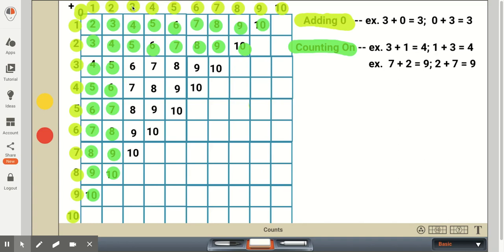So if they're starting with 3 and they're adding 2, they're counting on 2, so 3 plus 2 would be 5. If they're starting with 6 and they're adding 2, they're counting on 2. 6 plus 2 would be equal to 8.